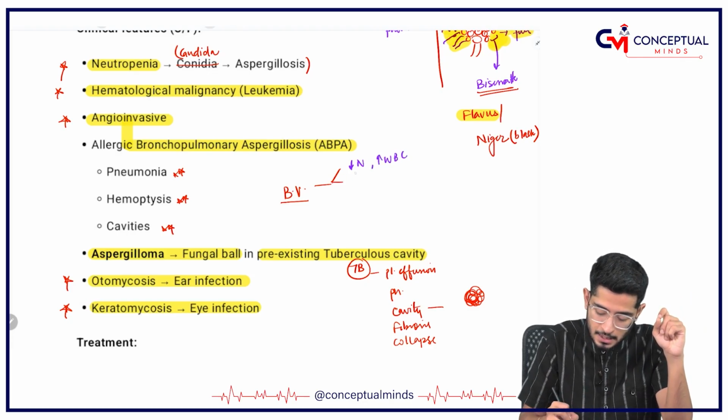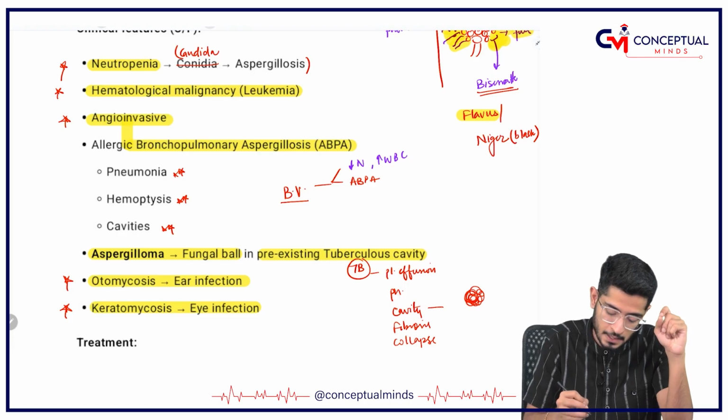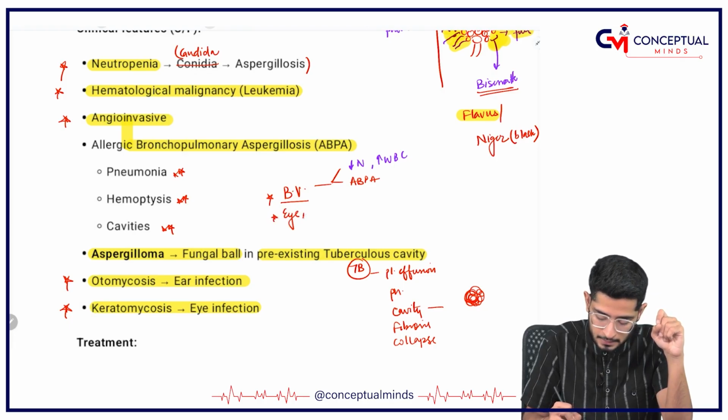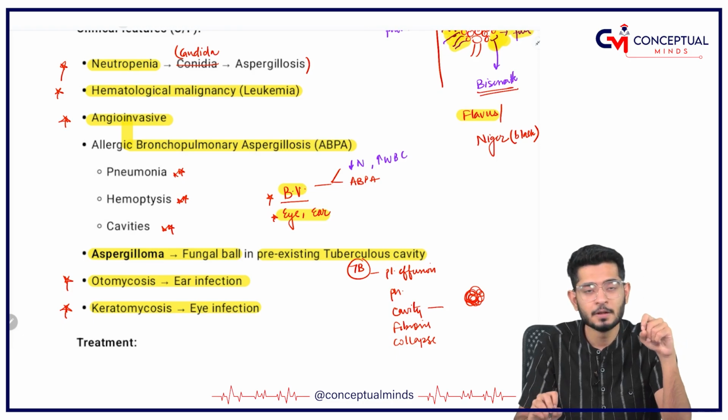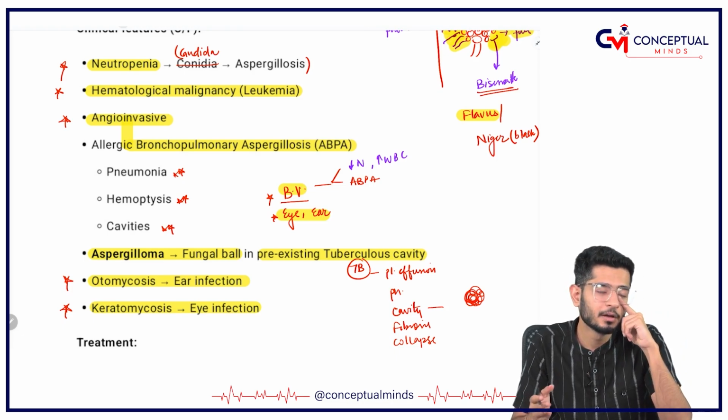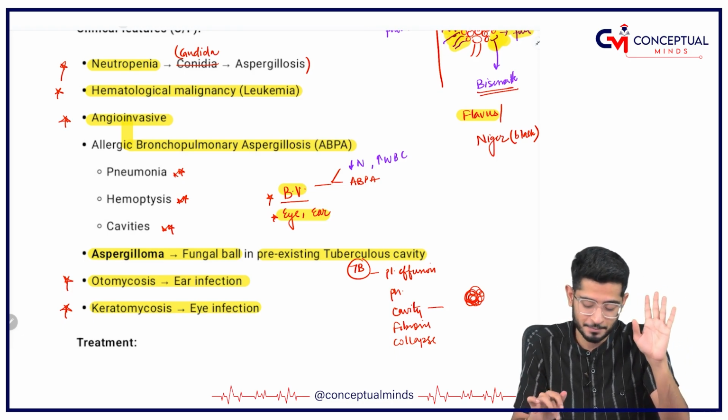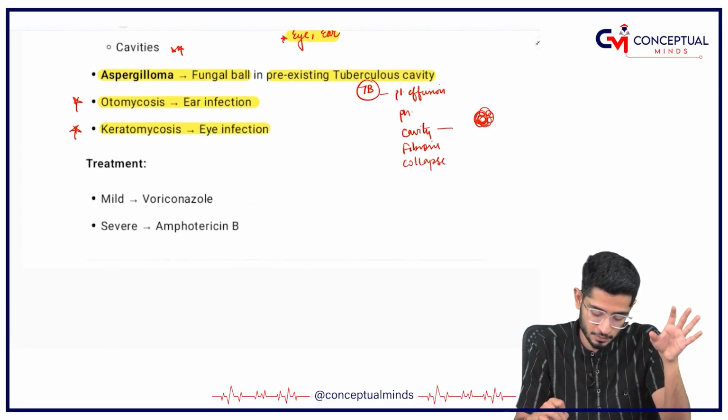Second, it is angio-invasive, so it can lead to bronchopulmonary aspergillosis or aspergilloma. After that, two things to understand: one is the eye and the other is the ear. Both subjects were there in the third year, now shifted to final year, and I don't know what is happening currently, but it is easy to remember.